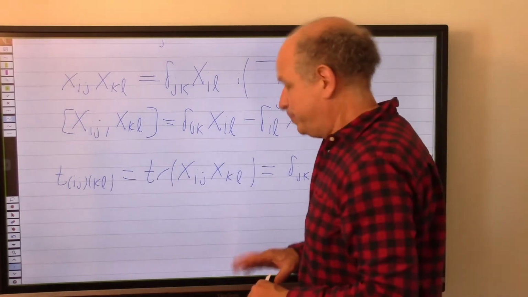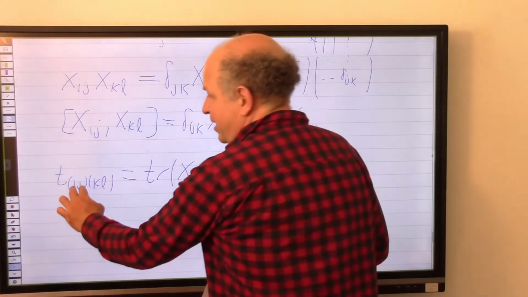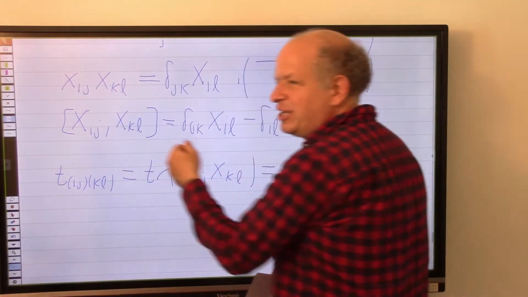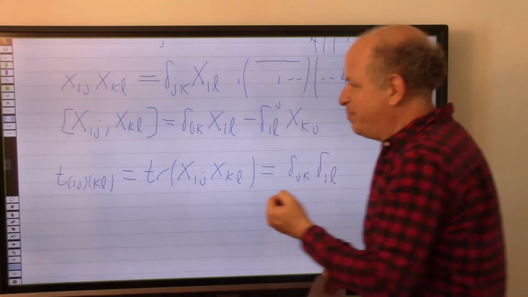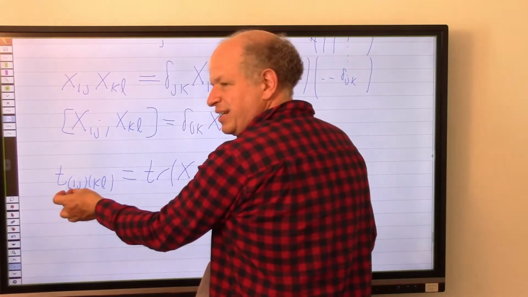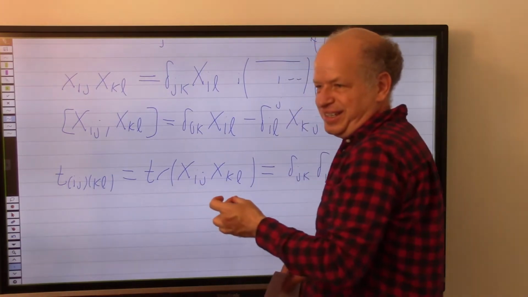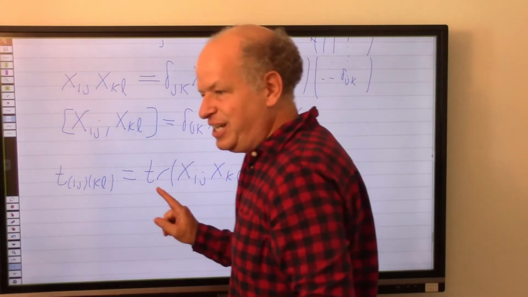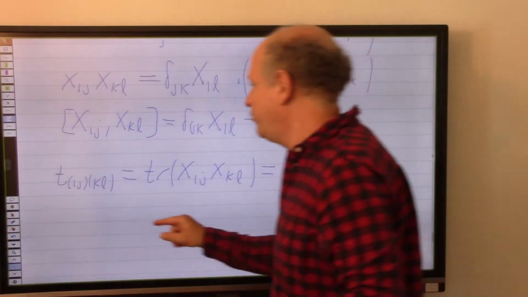Okay? Now I need to invert the IJKL matrix. I need to invert this matrix, which is horrible because it's a matrix whose indices are pairs of indices. Okay, so it looks like a terrible thing. Fortunately, the inverse of this matrix is itself, and it's completely trivial to prove.